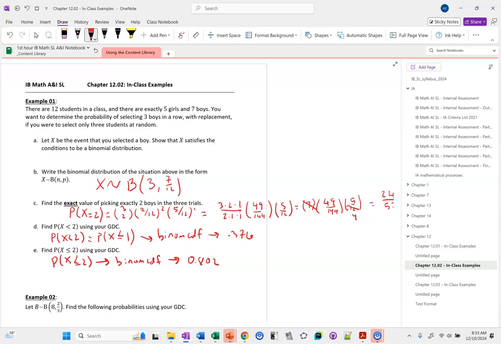The next problem, where we have to find the probability x is less than or equal to 2, is already set up to do a CDF on. So just type it through on my calculator. I should get 0.802.